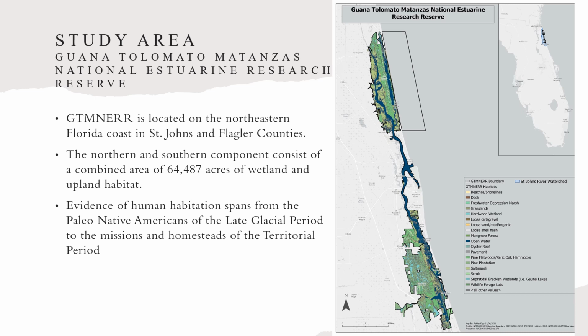You can see a map of that on the right. Due to the availability of archaeological site locations, my study will be focusing on that northern portion of the reserve. There is evidence of human habitation in the archaeological record that spans from the Paleo-Native Americans of the late glacial period to the missions and homesteads of the territorial period.